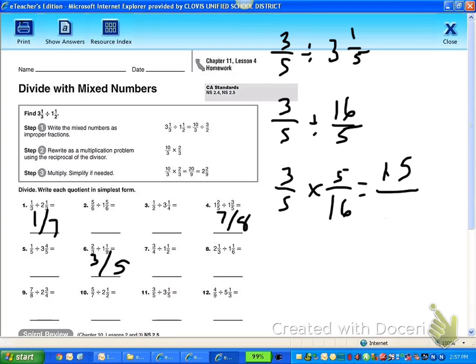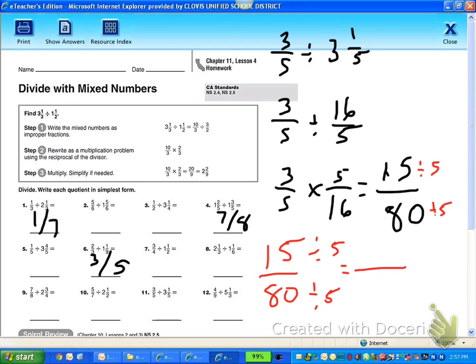Get 15 over 80. So 15 over 80, I'm going to reduce, divided by 5, is 3 over 16. So your answer for number 11 is 3/16.